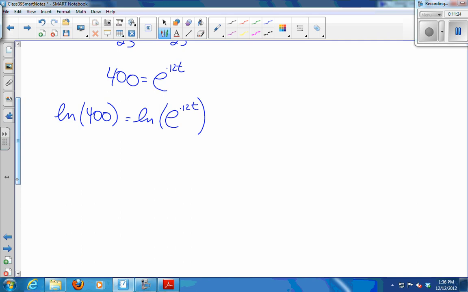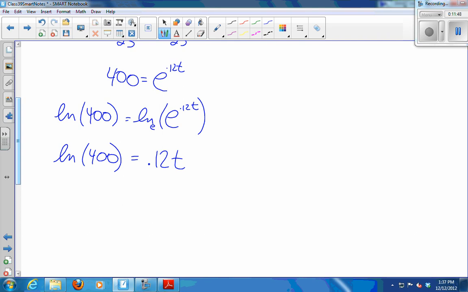And the ln of 400 is just a number. I could put it in my calculator and get a decimal for it if I want. And what is the ln of e to the 0.12t? 0.12t. Yep, my bases match. This is log base e. Bases match. So I just lift off the exponent. So ln and e to the something undo each other.